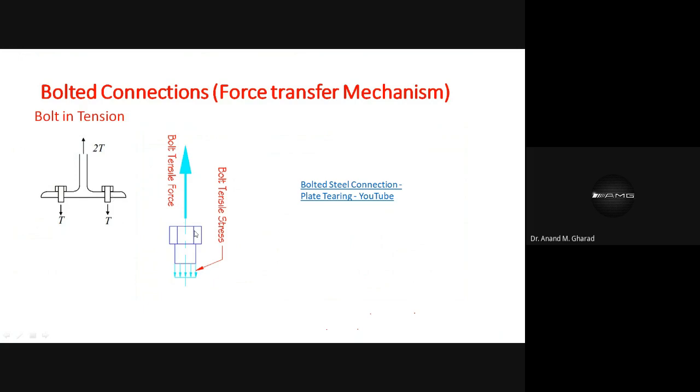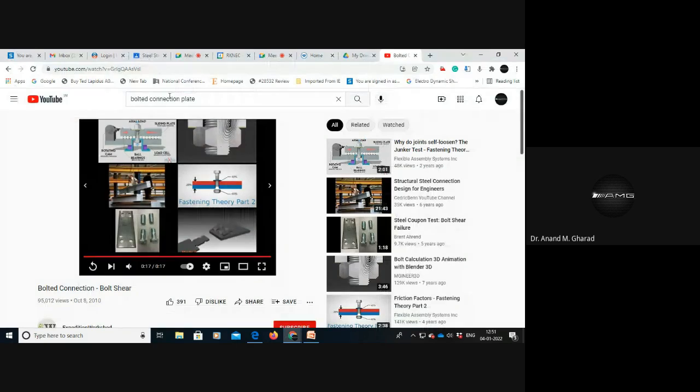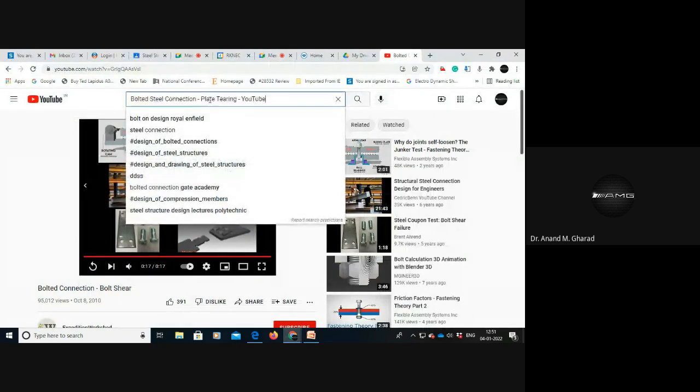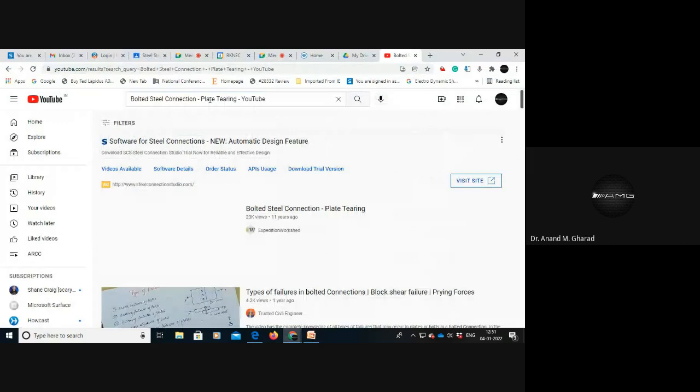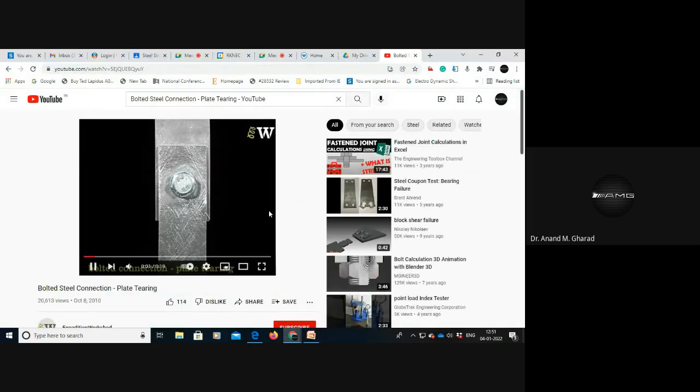And over here, this is a typical stress which is associated to the tension force, which we call the tensile stress. These will be developed in the bolt. And in order to understand the behavior, you can see.